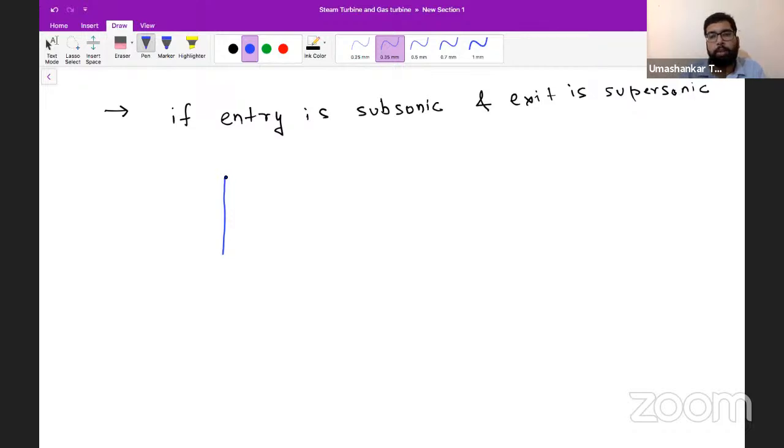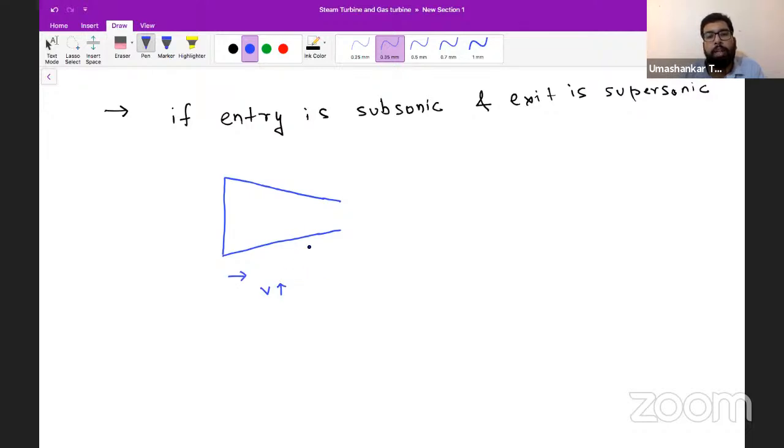Flow with me. If we have to increase the velocity in a nozzle, we have to converge the section. As we go on converging, in this direction the velocity is increasing.